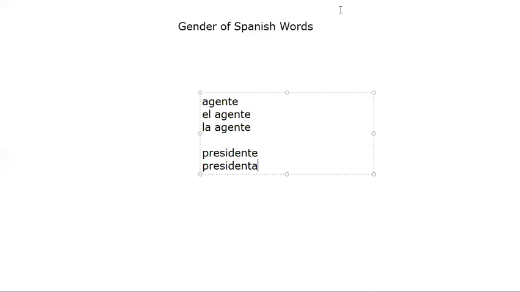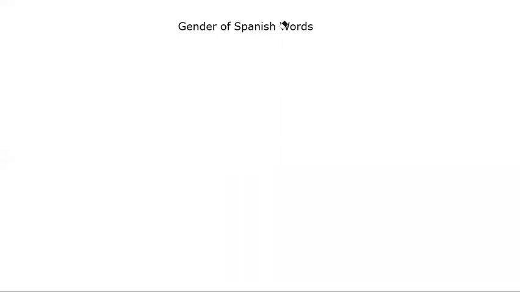And then we have a few that end with A, regardless of what they are. So for instance, policía. Now, policía can refer to the police in general, or you can say el policía or la policía to talk about a police officer. If it's a man, el policía, it's going to end with A anyway.